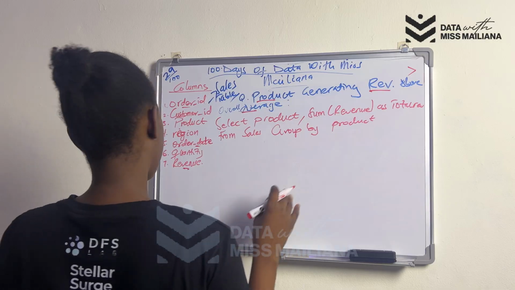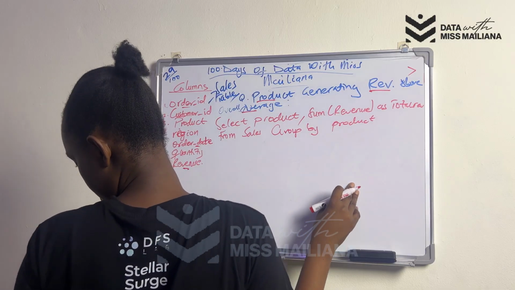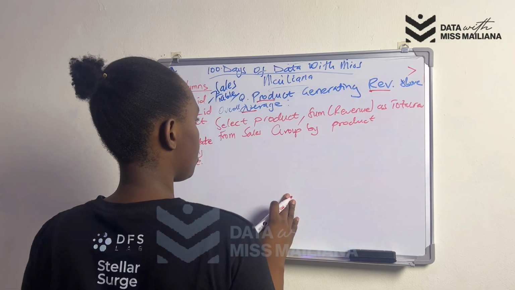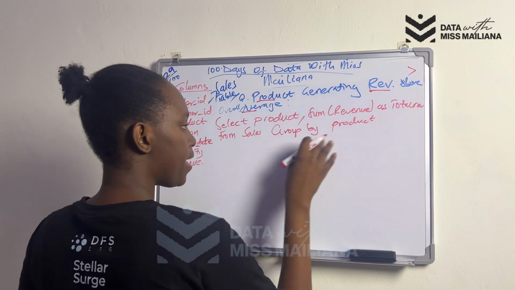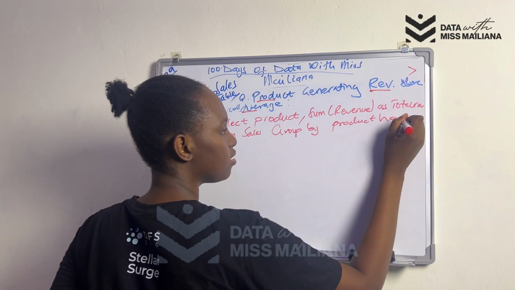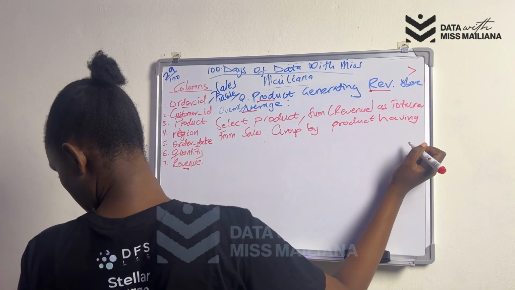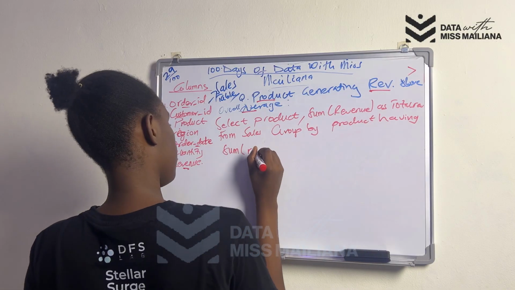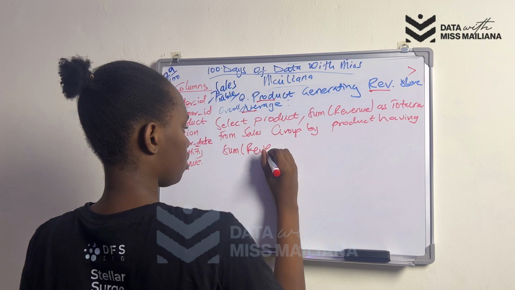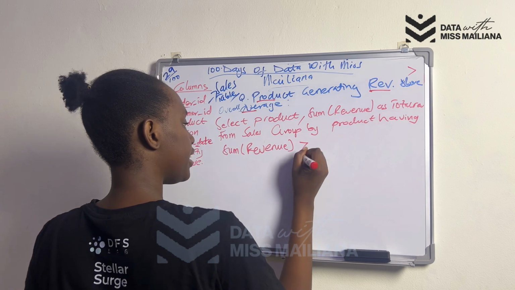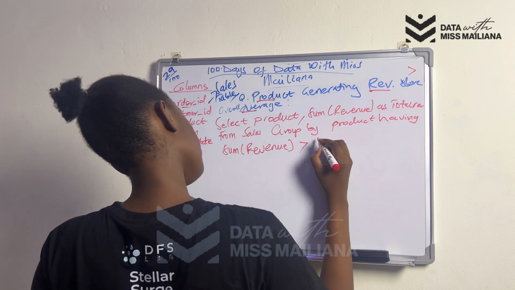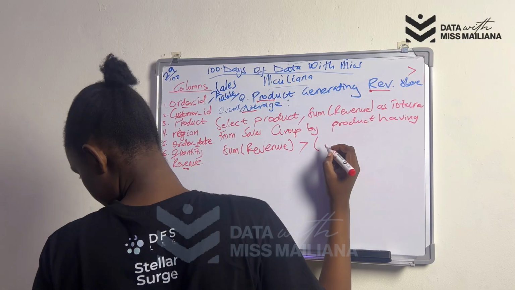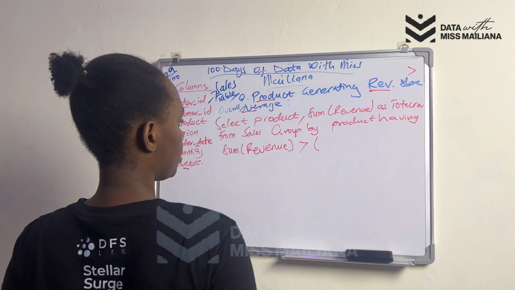Group it by product, having the sum of revenue greater than what?